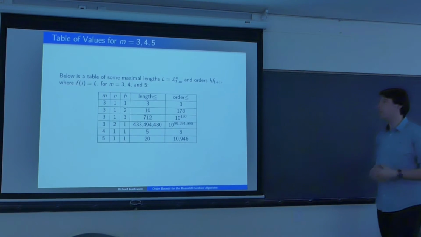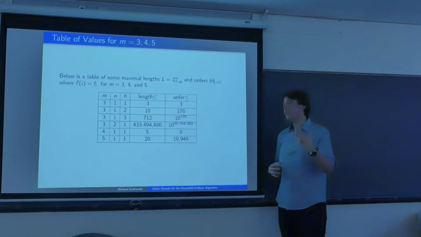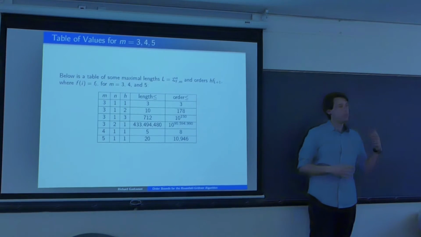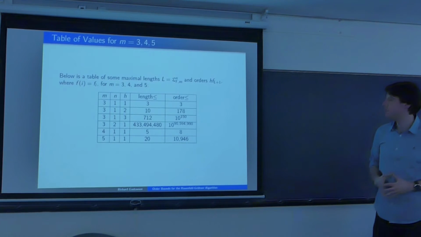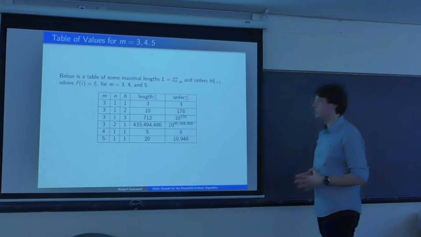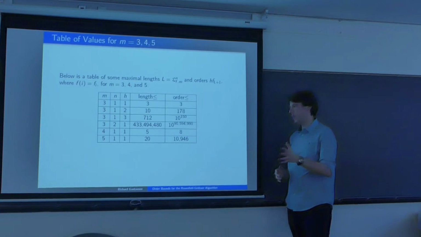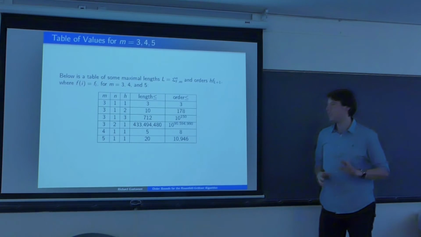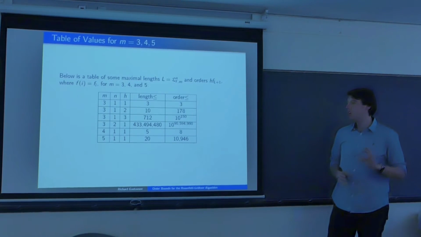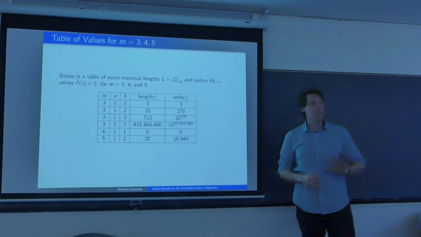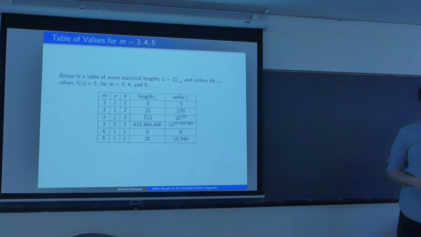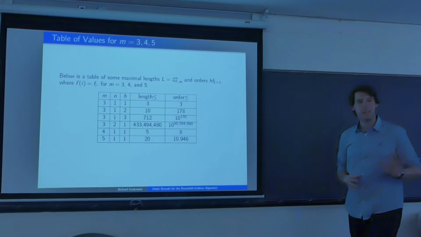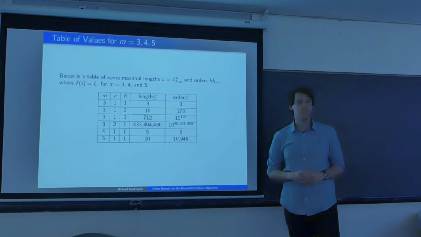When you start increasing m, the numbers start going up a little bit, but we can still work out some values. Here are some values for m equals 3, 4, 5, some small values of n and some small values of h. What we see in particular is that when h equals 1, so first order equations, that's not that bad.